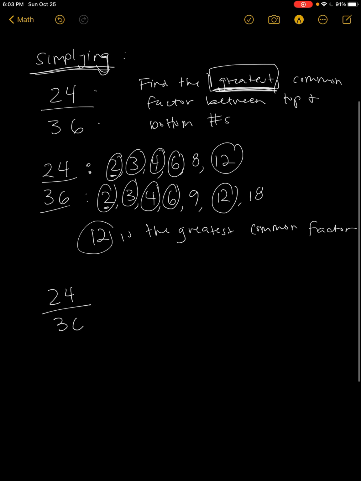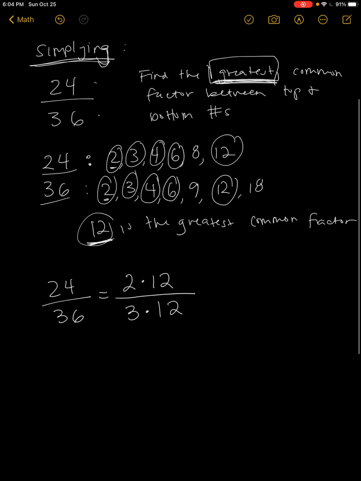Okay, so we have this fraction, 24 over 36. Some people simplify it two different ways. If I'm going to factor using the number 12, 24 is equal to 2 times 12, and 36 is equal to 3 times 12. Hopefully you remember when you multiply fractions, you're just multiplying the tops by the tops and the bottoms by the bottoms.